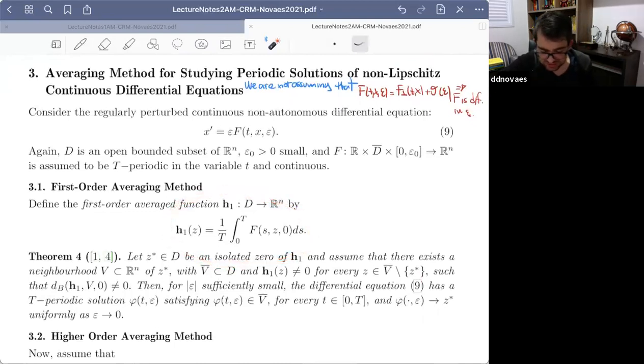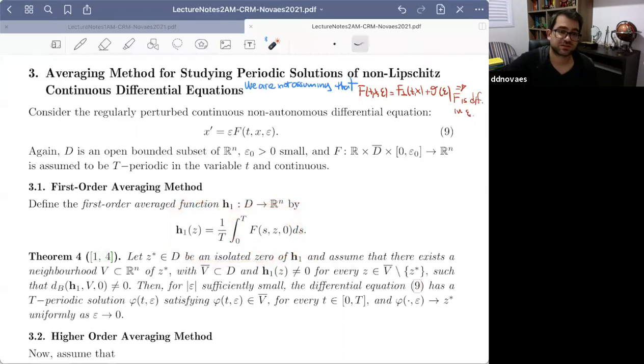using just, let's say, the first order terms of this perturbation in order to investigate conditions for the existence of periodic solutions. Okay, because here I'm computing this integral for epsilon equals 0.